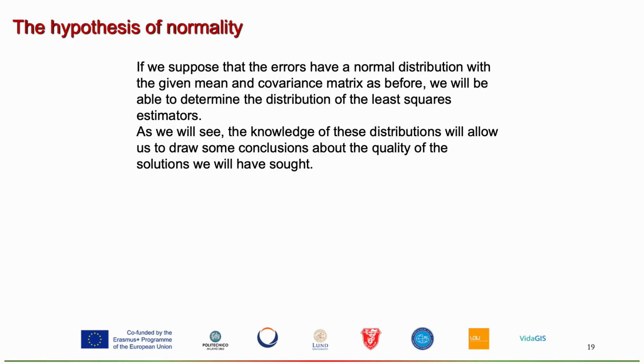And as we will see, the knowledge of this distribution will allow us to state some conclusions about the quality of the solution we will have obtained, and in particular this knowledge will allow us to perform the so-called model testing and identification of outliers in individual observations.